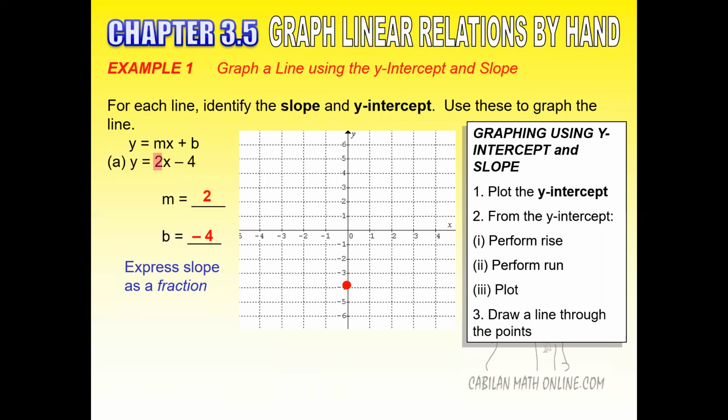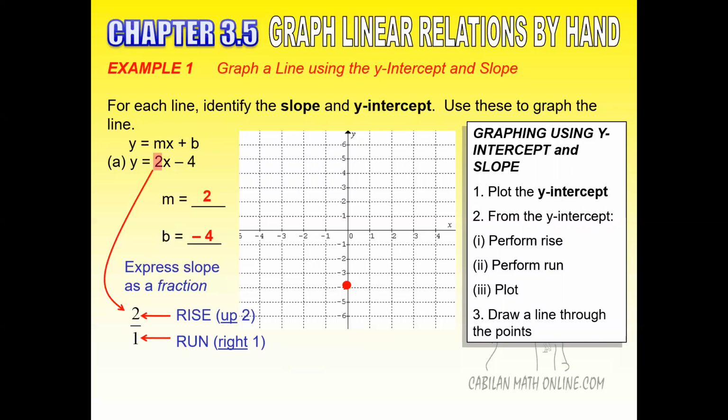So the way you express 2 in this case is 2 over 1. What this fraction tells us is the rise and the run. The top number is the rise, which tells us that from that point, we're going to go up 2, then we're going to go right 1.